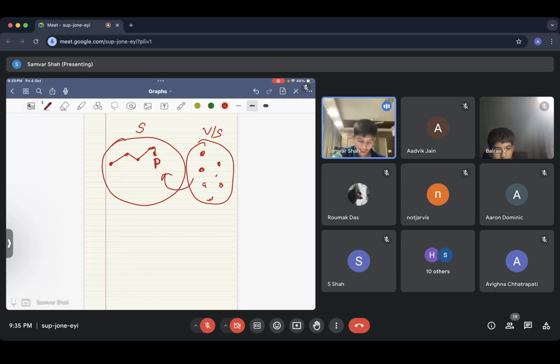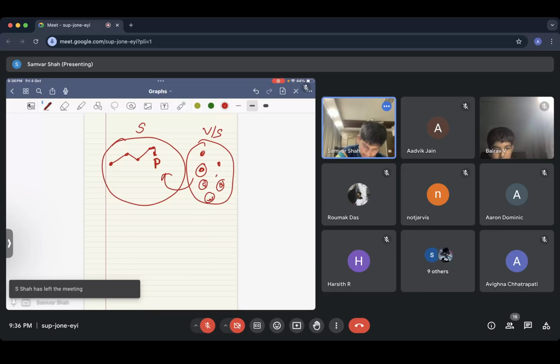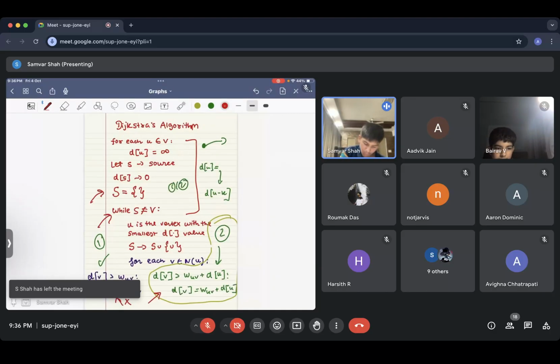Well, you cannot just look at this distance, because the minimum distance of these can still be different from whatever this path is. Advik explained it really well, saying that it's not just the last node you have to consider, which you're bringing into the set. You have to consider that you want to find the shortest path in general.